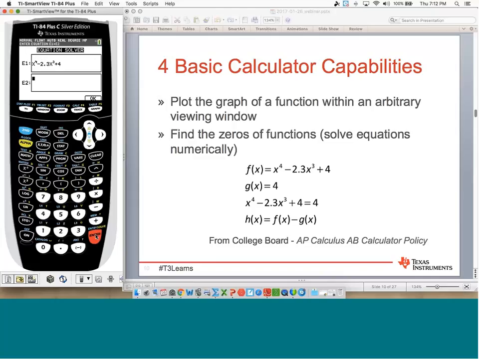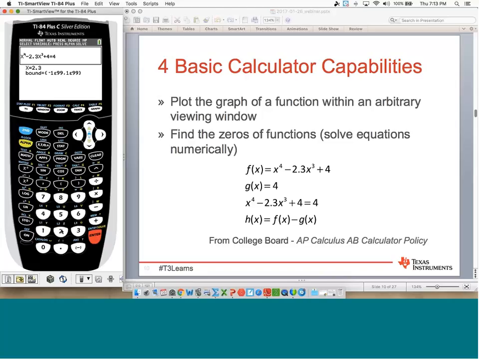If I have them already entered, I still have to give it a guess, because the program that it's running in the background is doing a numerical analysis type deal where it's only going to find the closest one. And so it's actually using some calculus to find what it is.